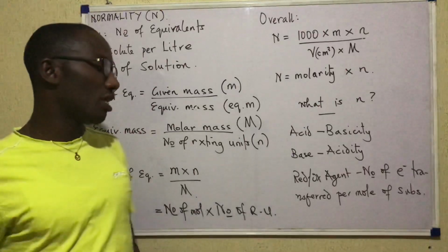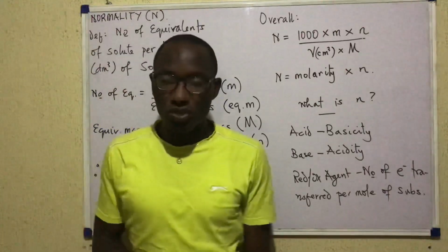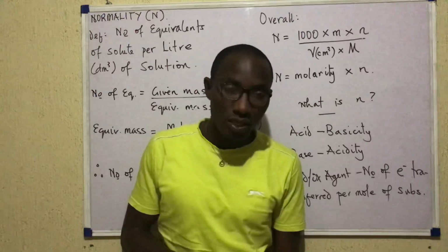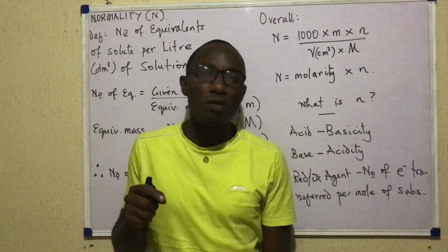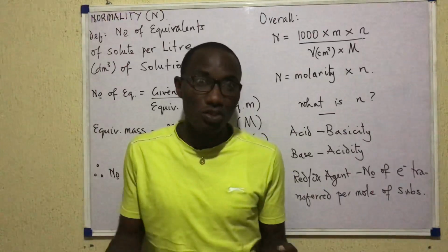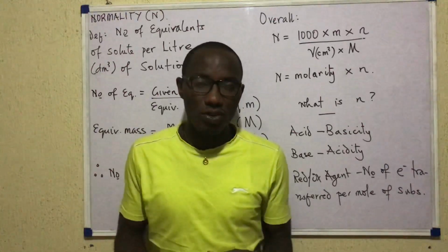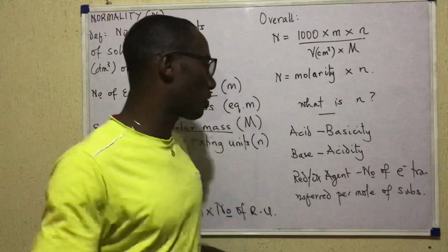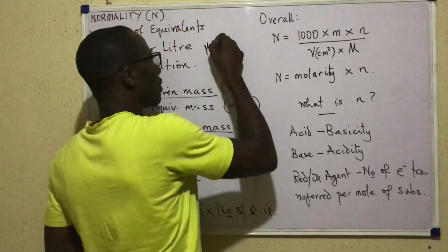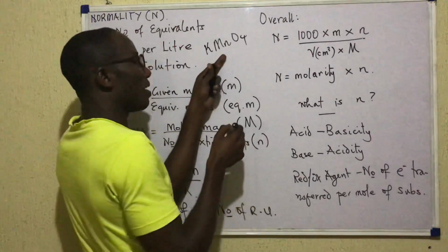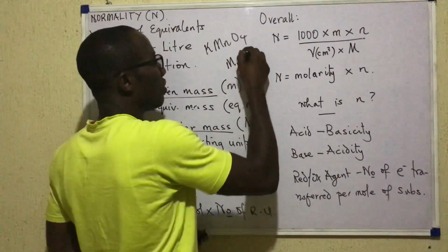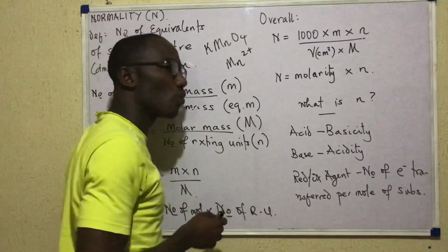And then finally, for redox, that is reducing and oxidizing agents, we say that the number of reacting units is the number of electrons that they transfer usually during their redox reactions. So for an oxidizing agent like potassium permanganate, KMnO4, during its reactions, it is usually reduced to manganese 2 ion.